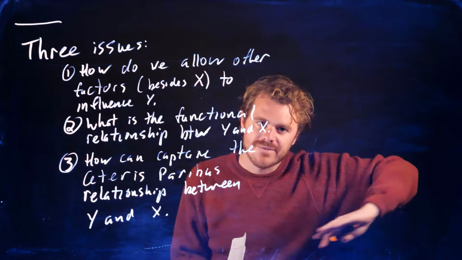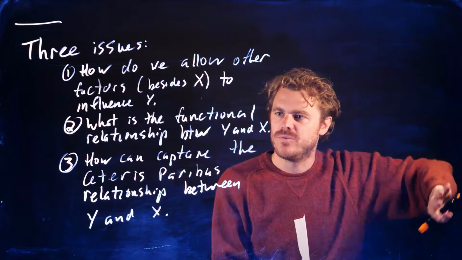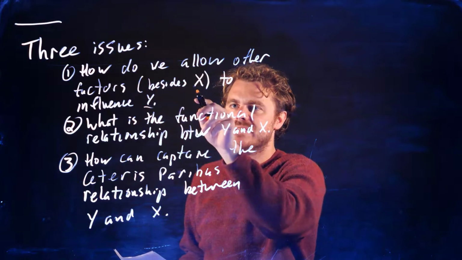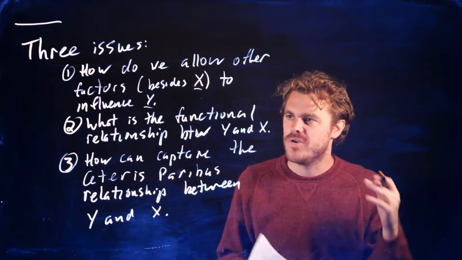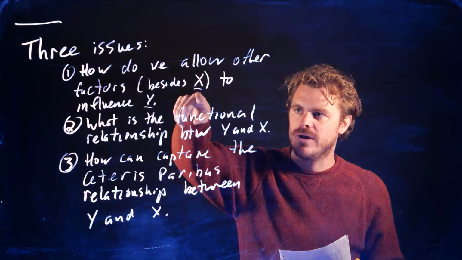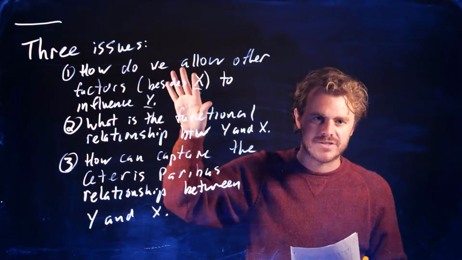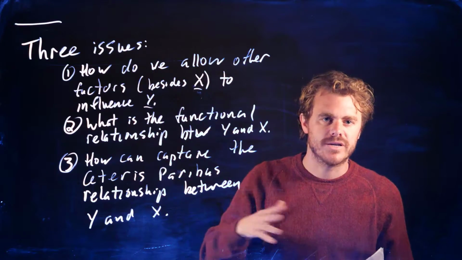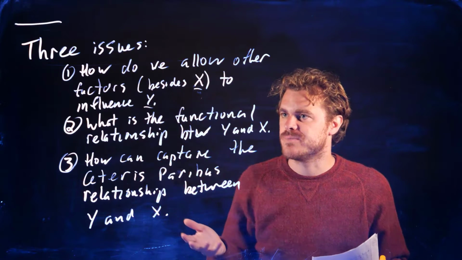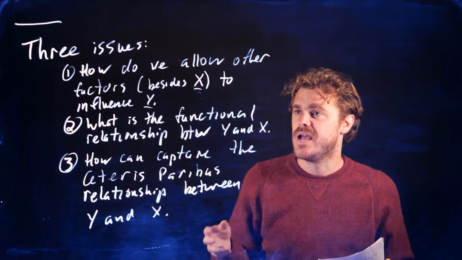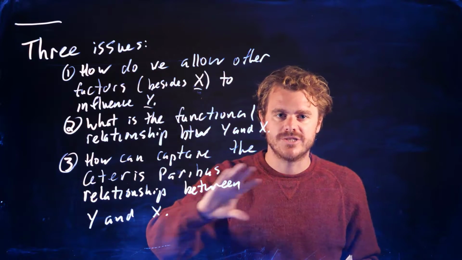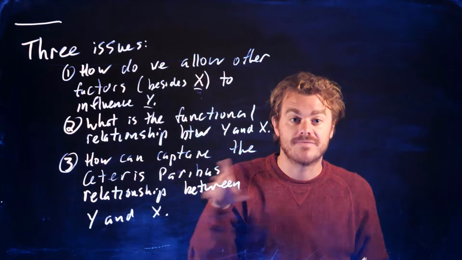How do we hold everything else constant that's happening in the world? We probably have all these other factors that are affecting y besides this x we're interested in, all these other factors affecting wages besides education. Well, how do we hold all those other factors constant? Experience, location, race, all these things that are influencing people's wages. How do we hold those constant and just concentrate on this relationship between education and wages, if that's what we're interested in?